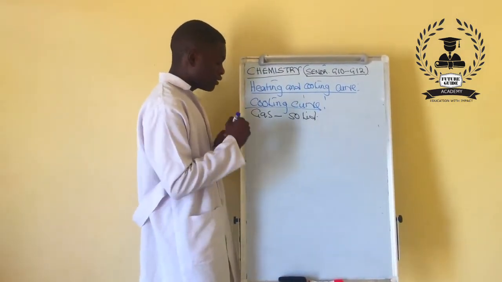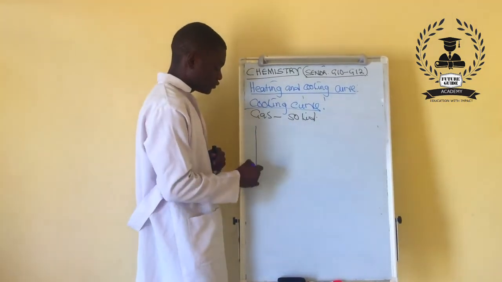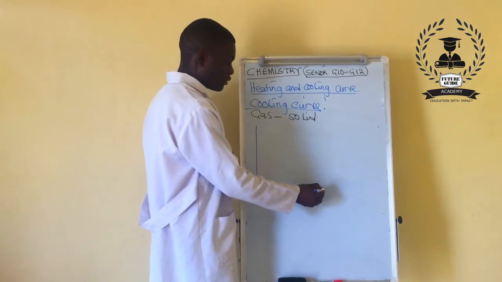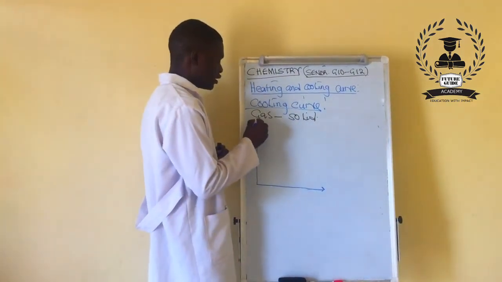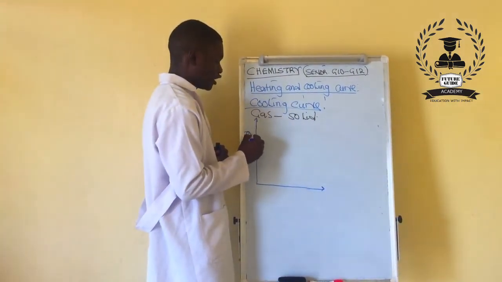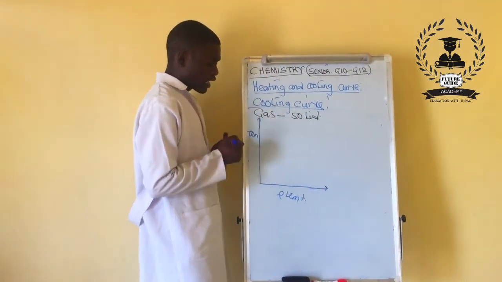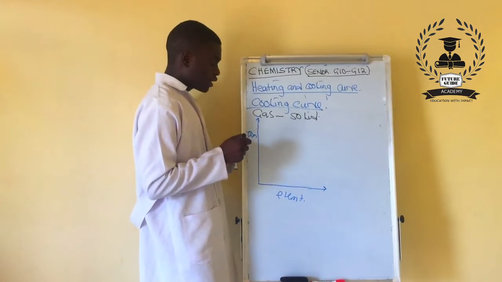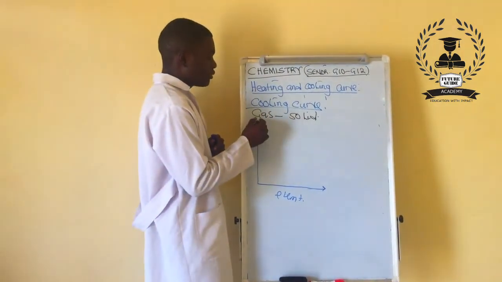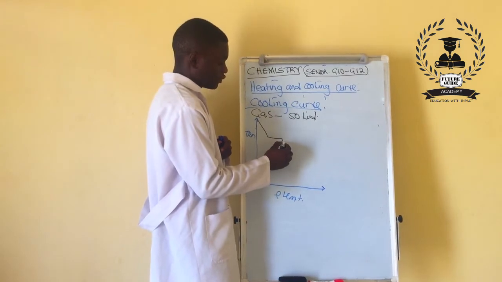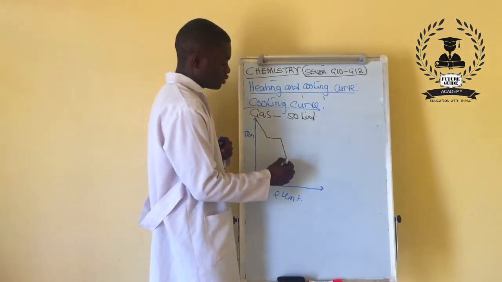Now, what happens under a cooling curve? We have our diagram, and then we have our temperature and the element going down. Let me just draw.